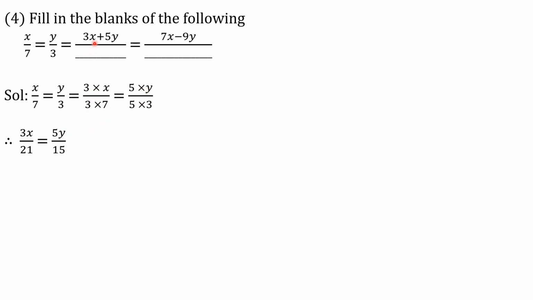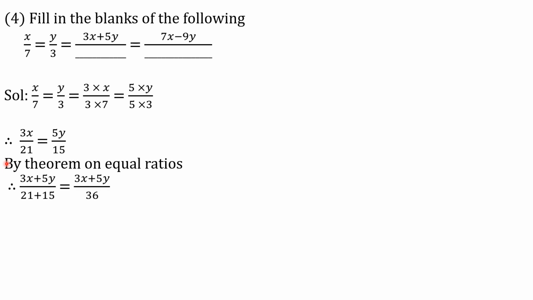Now you want the value for 3x plus 5y upon dash. So what will you apply here, students? Which property? By theorem on equal ratio. Both the terms will combine, will add. You'll get 3x plus 5y upon the denominator will also add, that is 21 plus 15. So equal to 36. You'll get 3x plus 5y upon 36.